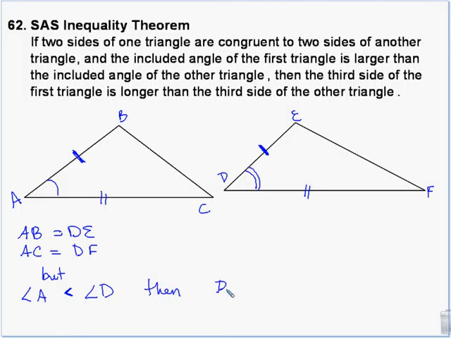That means that BC is going to be smaller than EF. Because this angle is smaller, that means it didn't open up as wide, so the third side is not going to be as wide or as long. So we'll do colors again. So angle A is across from BC.